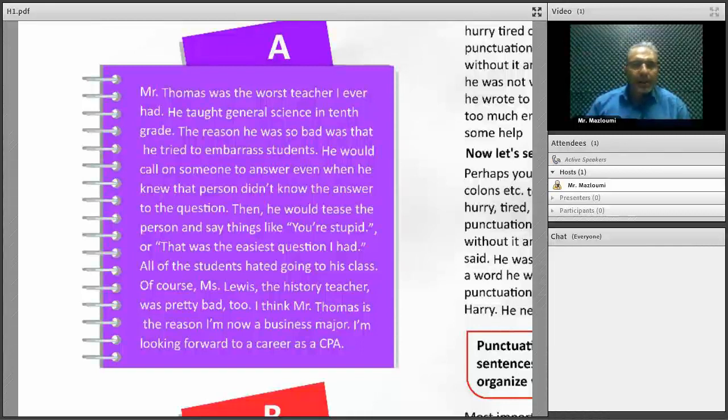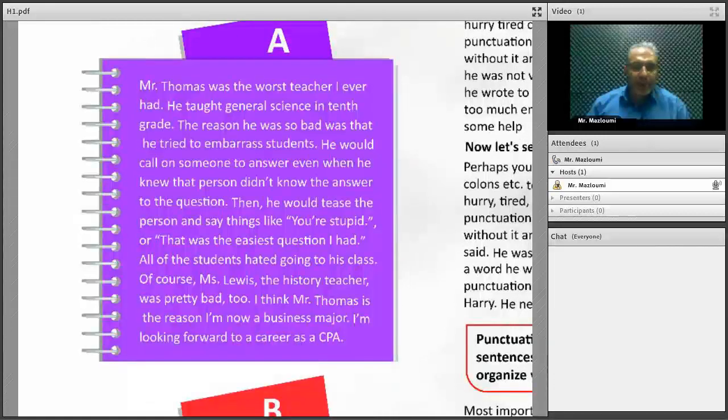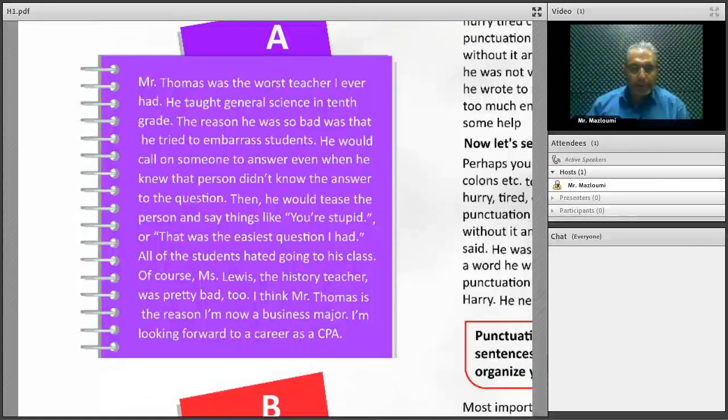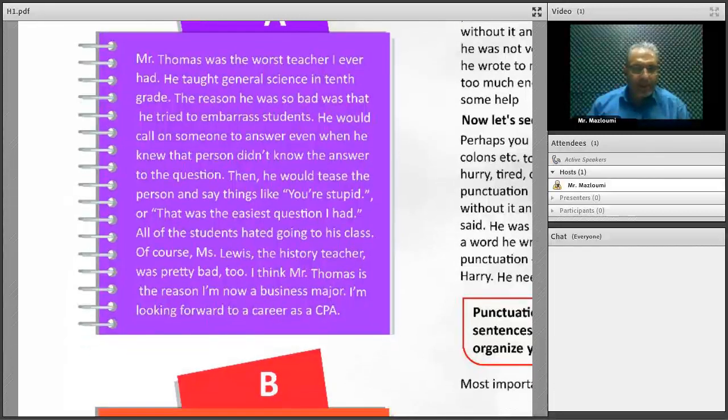So, let's see. Everyone, Mr. Thomas was the worst teacher I ever had. This is our topic sentence. Well, here we have this sentence: Of course, Ms. Lewis, the history teacher, was pretty bad too.